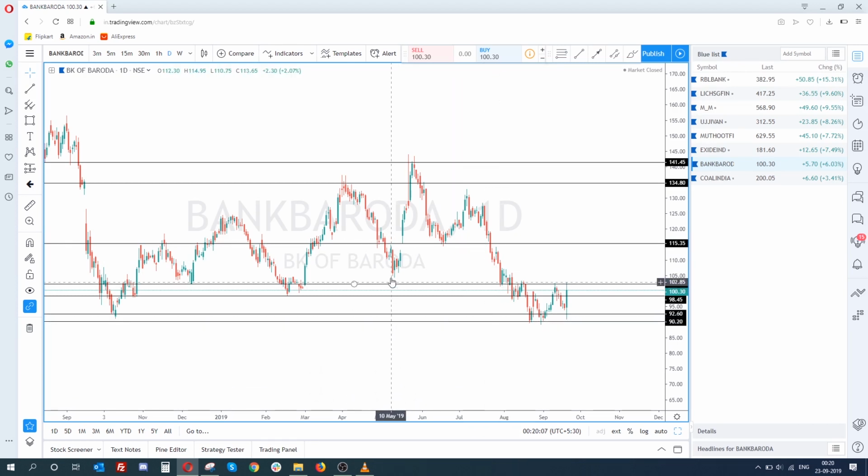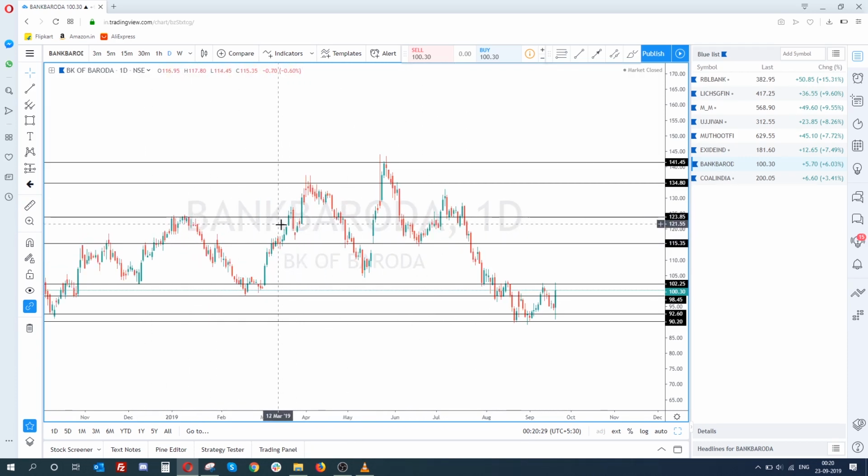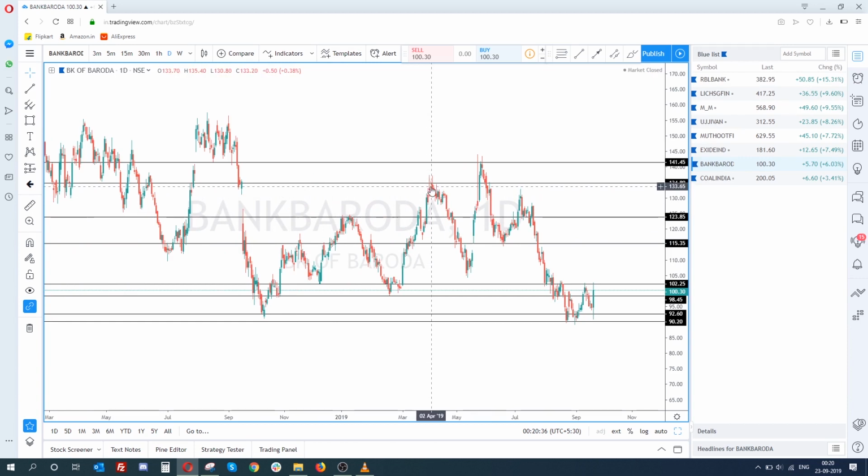So pretty much I can't make up a story, right? I don't know what the story of Bank of Baroda is. I will also draw a supply here, and see, it doesn't favor. Let's say this area was broken here. If you see that this resistance area was broken, although it came down and went up, we don't know why there was a supply here, right?